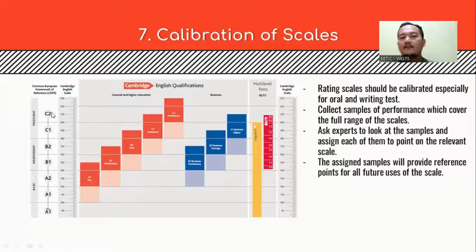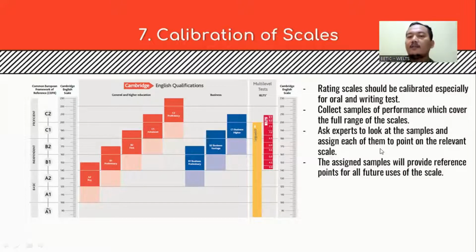And from this part, the IELTS multi-level test shows us the indicator of the level of IELTS. For example, if you got 4.0 on IELTS, it indicates level B1 in CEFR. So let's move to the next slide.